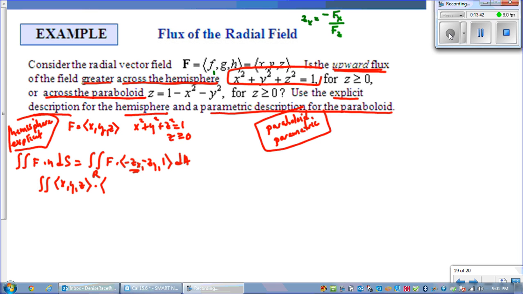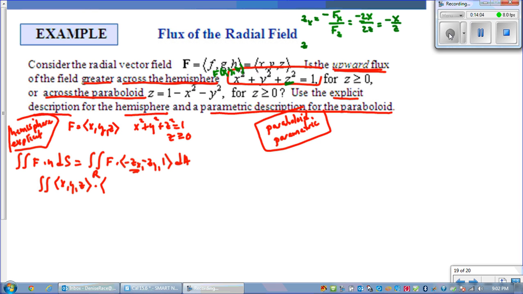Now, this was our function. We called this f of x, y, z. Okay, the partial of f with respect to x is 2x. Partial with respect to z here would be 2y, 2z. So that came out to be negative x over z.